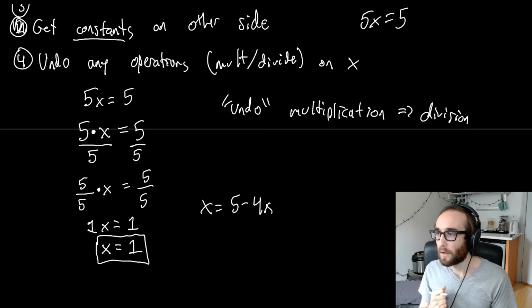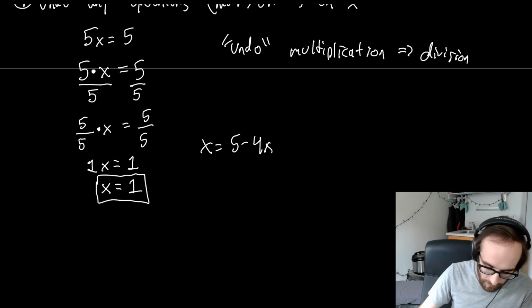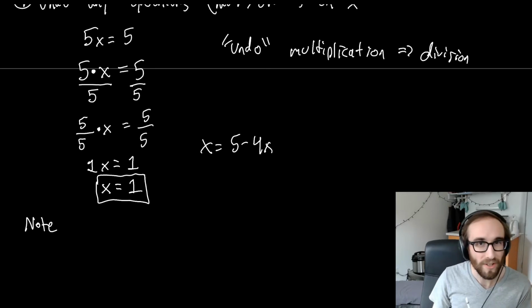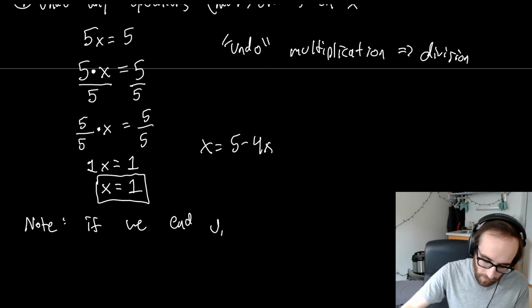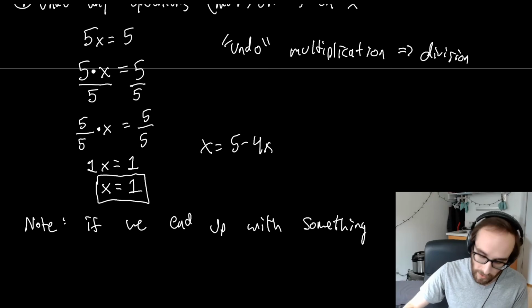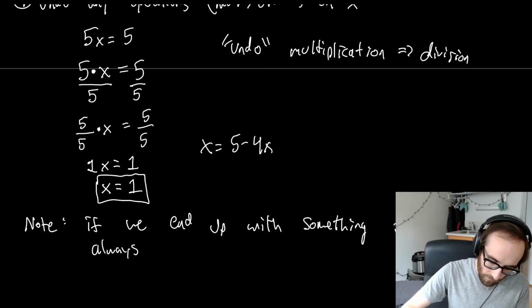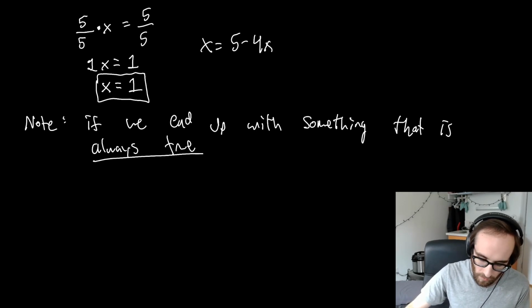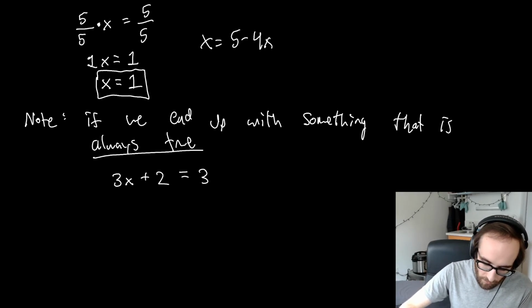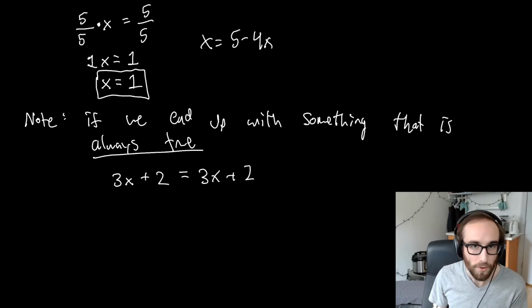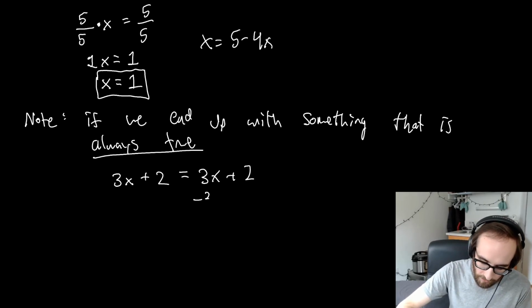Okay. One final note is sometimes we'll end up with an equation that doesn't have a variable. If we end up with something, in other words, an equation that is always true, for example, if we had 3x plus 2 equals 3x plus 2, notice we could start off by subtracting 3x from both sides.